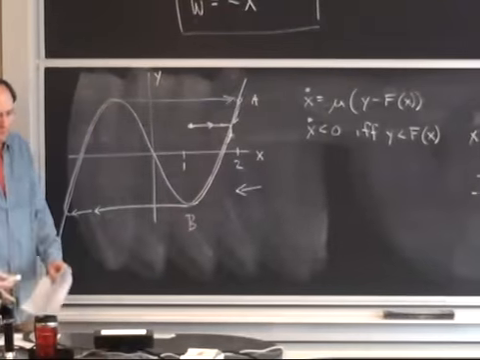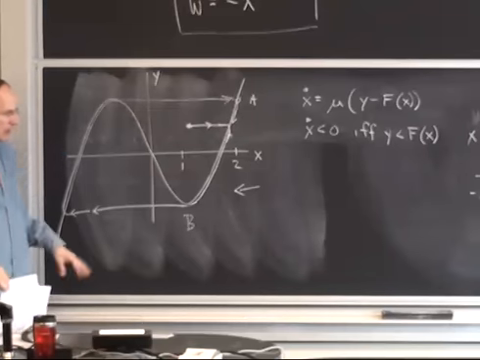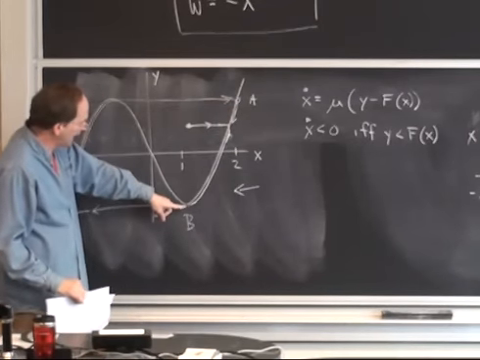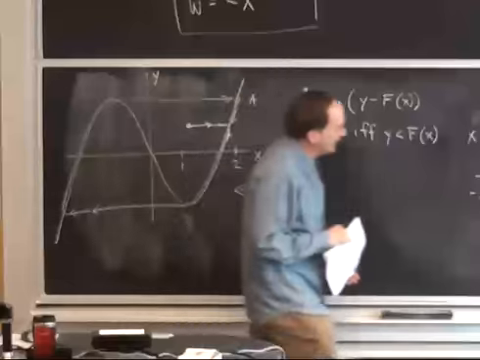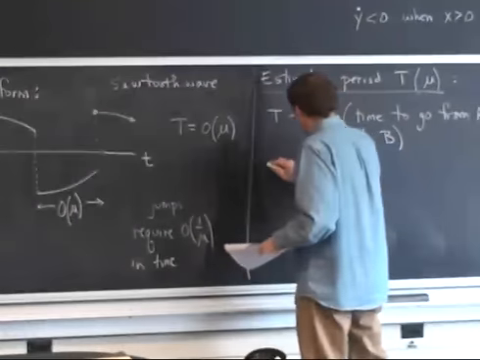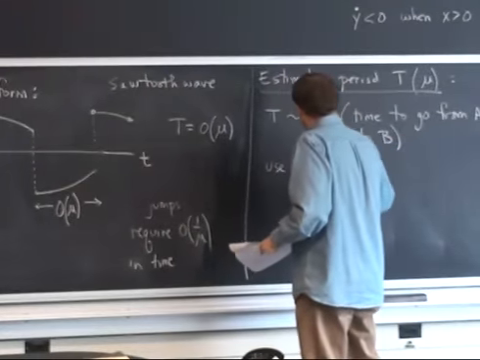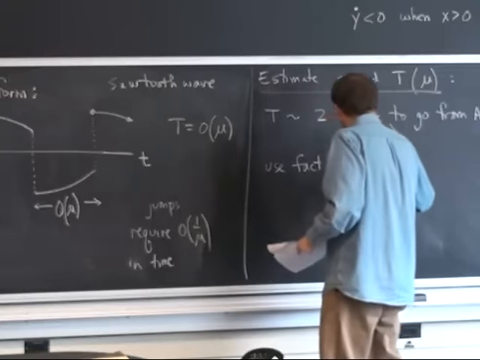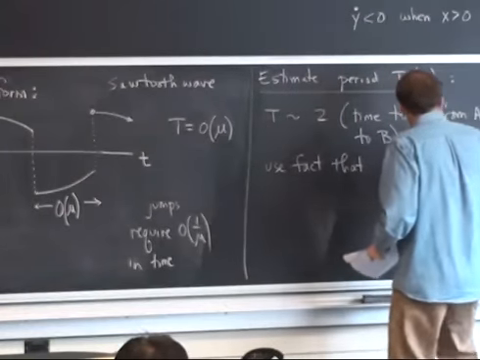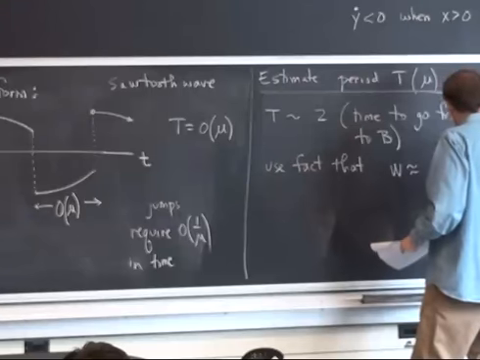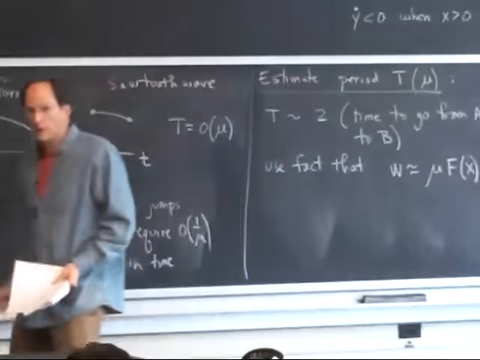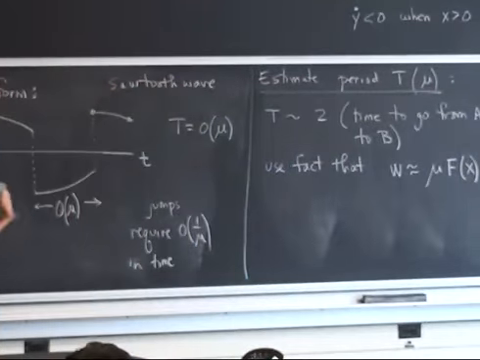We're a little bit off by order 1 over mu or some small quantity like that. But if we're just trying to get an estimate, we can pretend that w is equal to mu f of x. Use the fact that w is approximately mu times f of x. That is to say, we're essentially on the null line the whole way down.